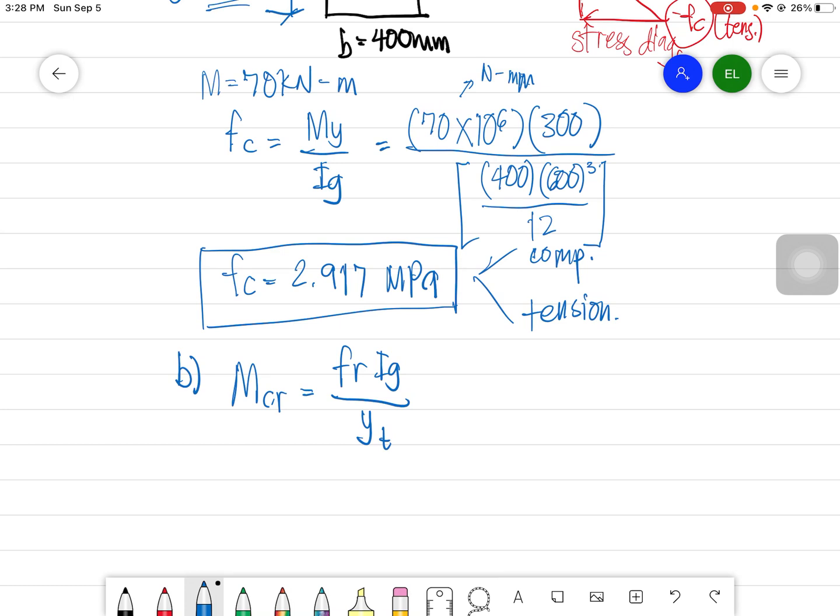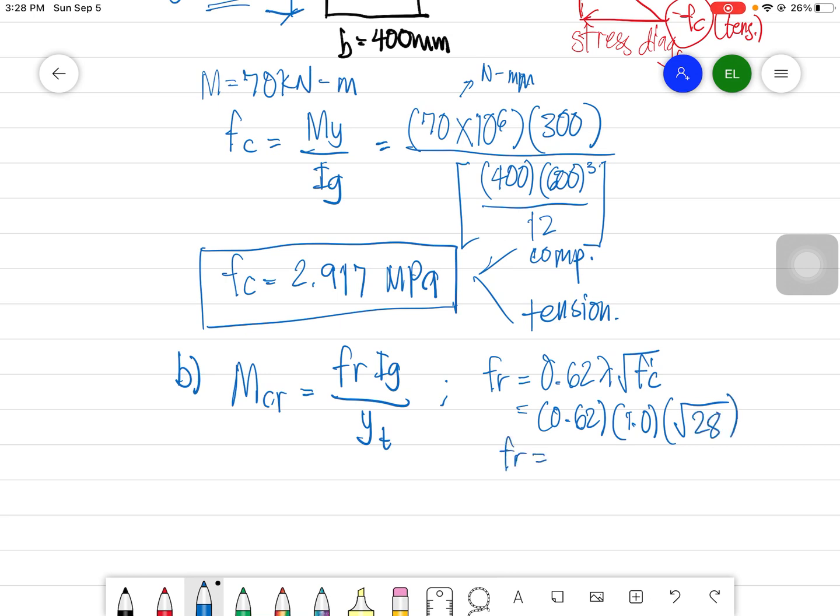So we will calculate fr first. We will be using NSCP 2010, guys, because that is the latest, which is 0.62 lambda times square root of f prime c, that is 0.62 times 1, since this is normal weight concrete, times square root of 28. So fr is equal to 3.28 MPa.